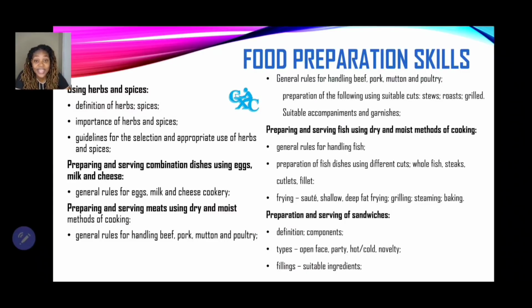So it touched on cake making, pastry making, quick breads, vegetable cookery, meat cookery, eggs, milk, cheese, herbs and spices, yeast breads. Good. Just to name a few, and some techniques as they relate to knife skills as well.